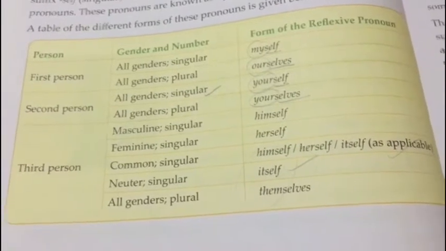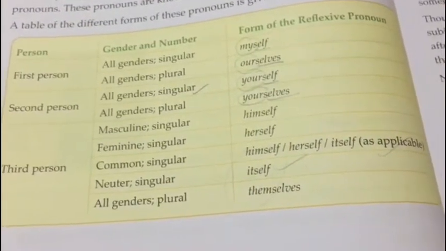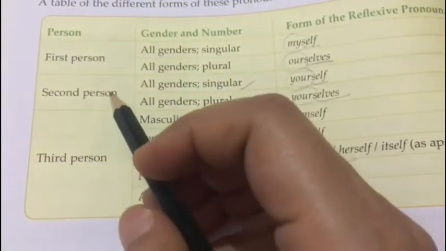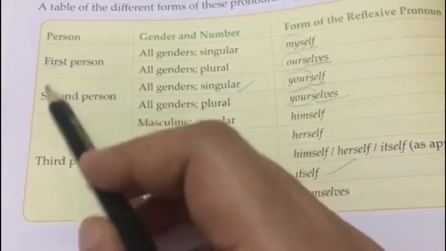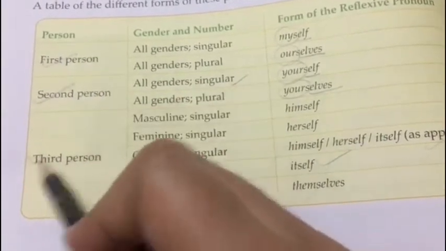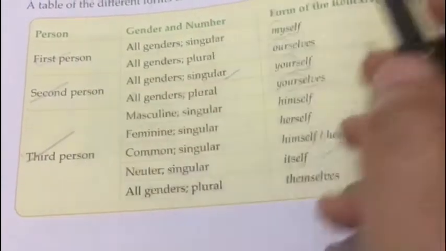So class, let us just do a quick recap of the revision, that is the rules of reflexive pronoun. So as you know, pronouns are first person pronoun, second person pronoun and third person pronoun. Okay.